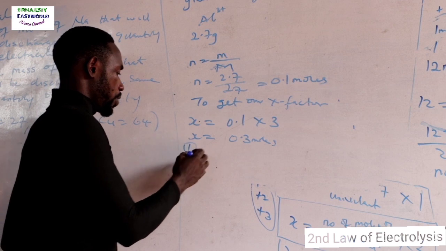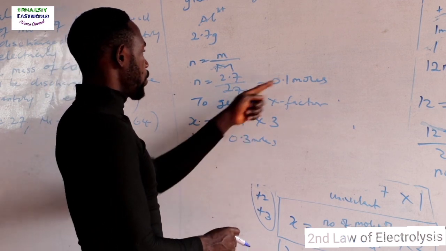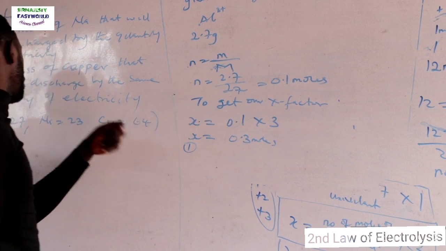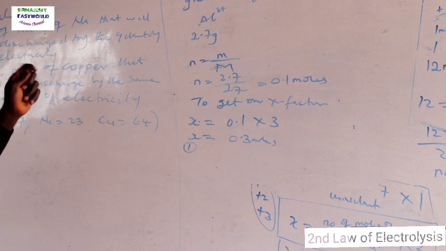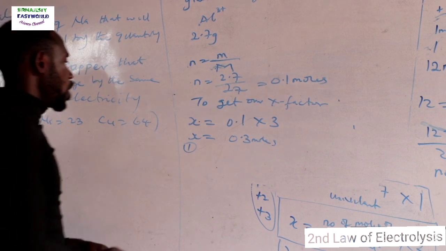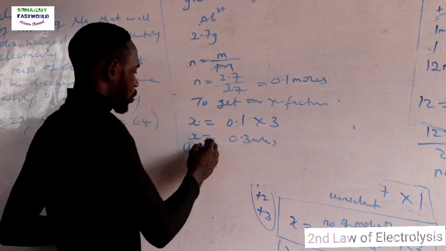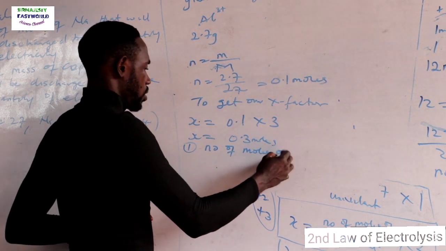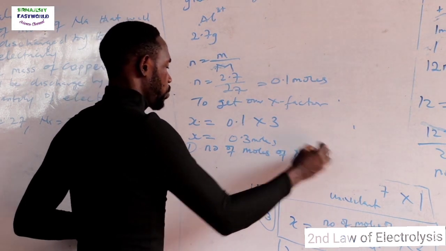Then you go back to your question I, number of moles of sodium. So please, if this is given to you, you have to find your X factor. So in this case, you now go for sodium. The charge on sodium is plus 1.